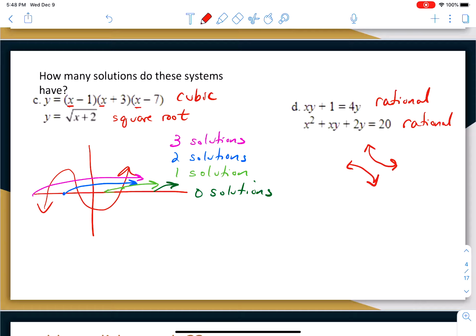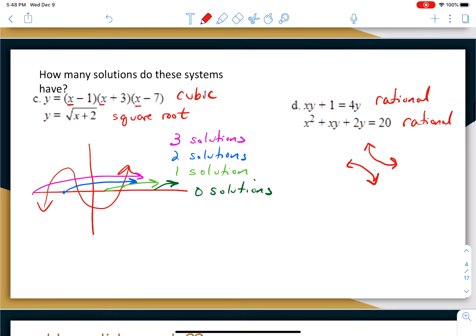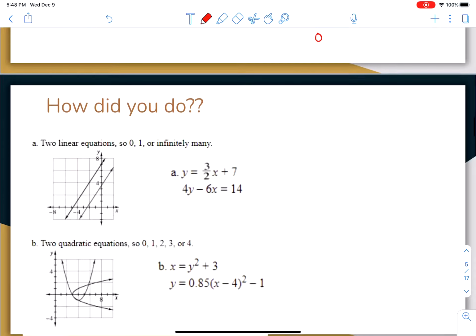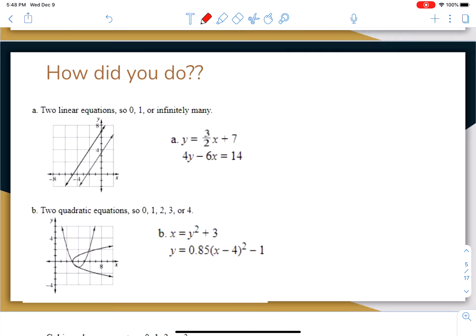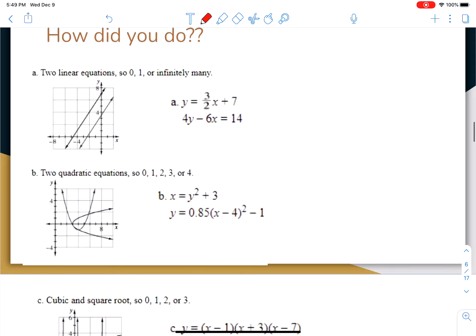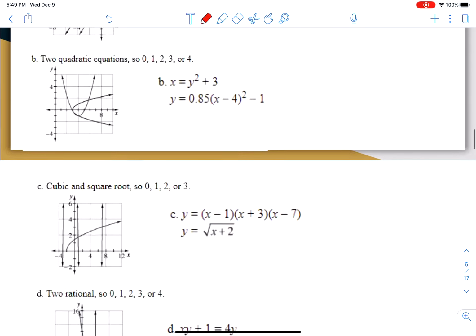So if I think about how those would intersect each other, I could also either have 4, 3, 2, 1, or 0 solutions. So I've given you the graphs of these equations so you can see how they look on a coordinate plane and the solutions that you would get.